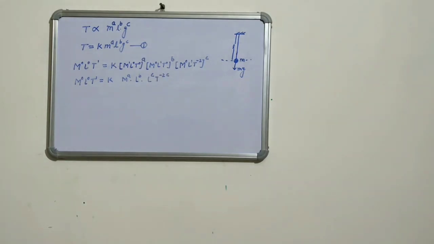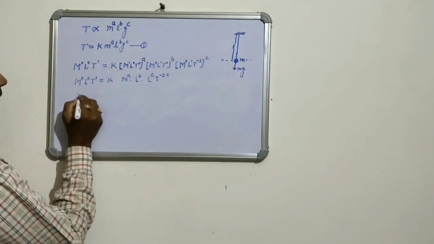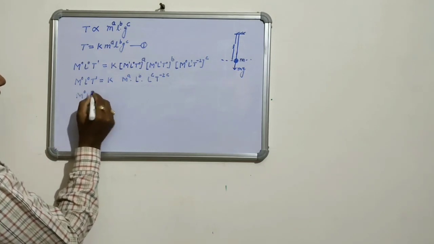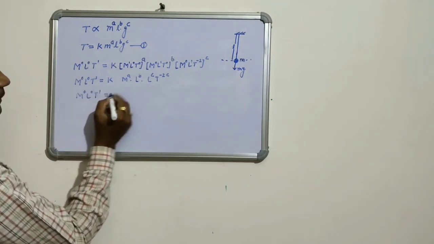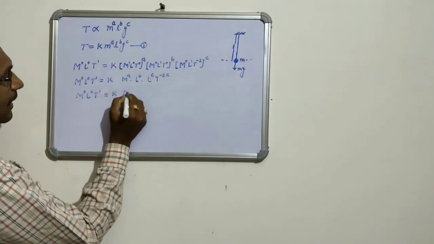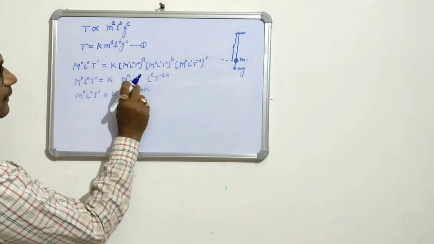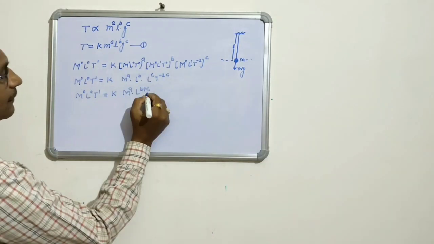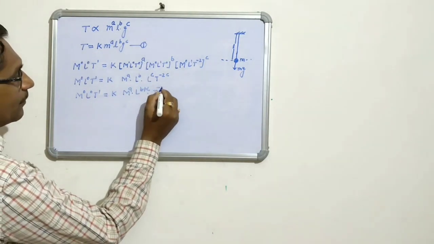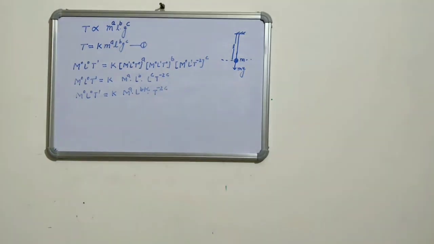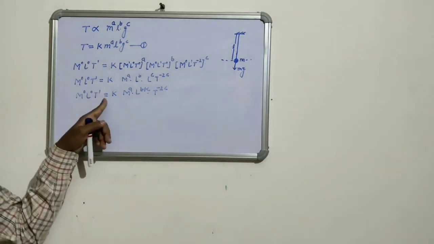Okay. So the bases are equal, then we can write M^0 L^0 T^1 equals k M^a L^(b+c) T^-2c. Here the bases are equal, that's why the powers are added, minus 2c. Clear?